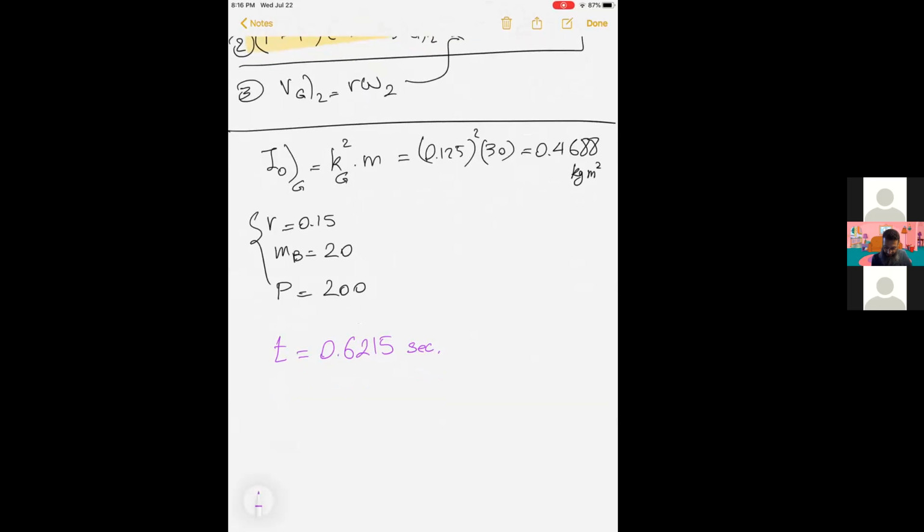And F, let me just calculate that, is 100.56 Newton.